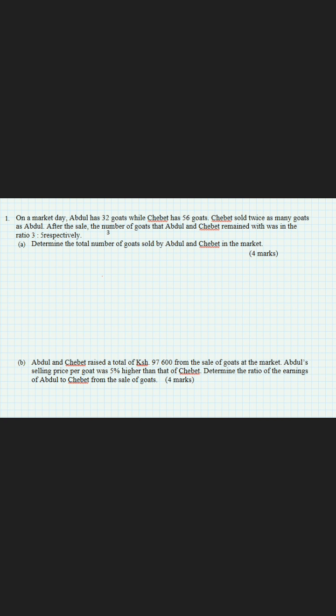So part A of the question requires us to determine the total number of goats sold by Abdul and Chebet in the market. To do that, we need to let, because we don't know the number of goats sold by each person here.